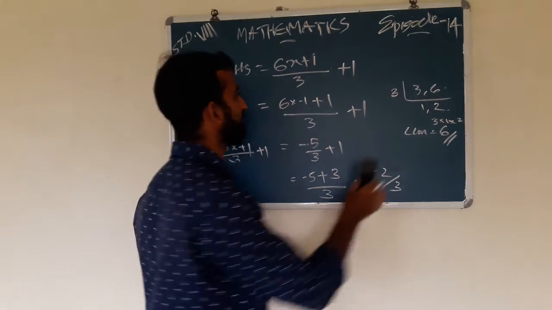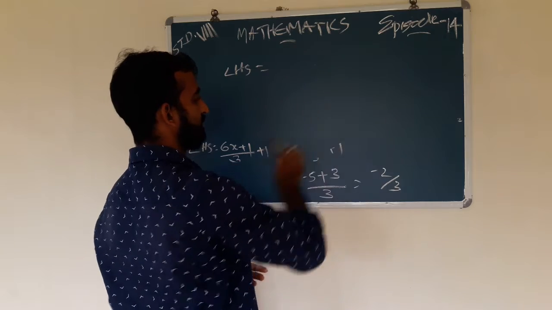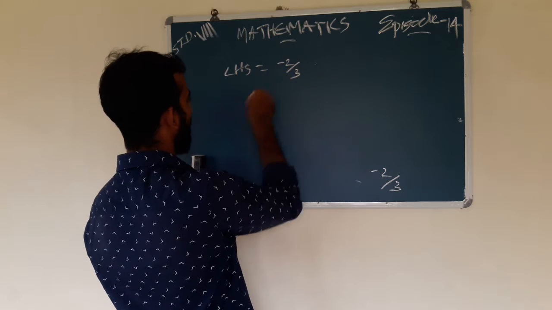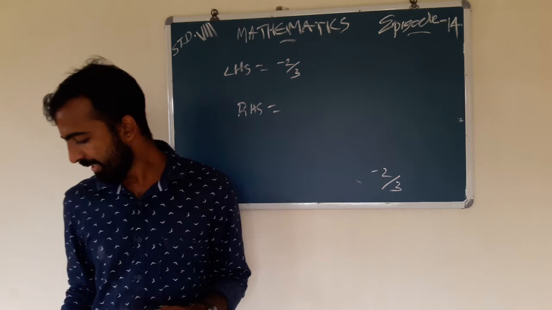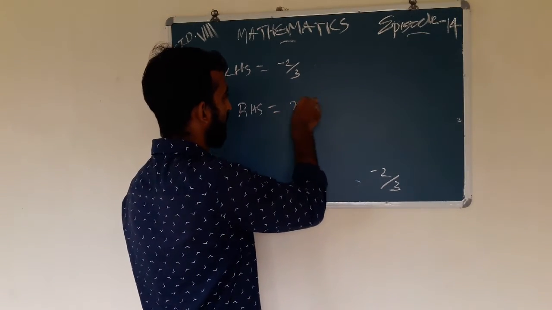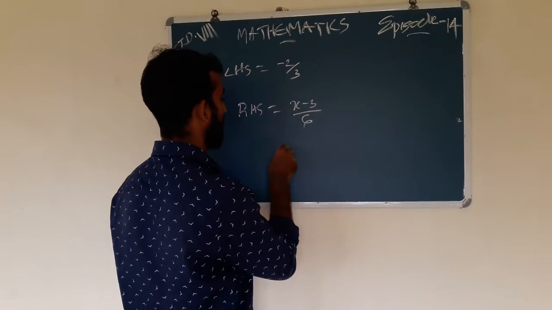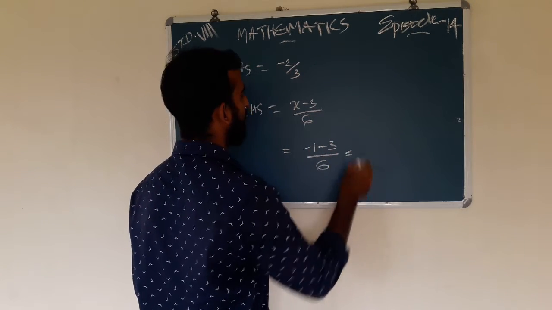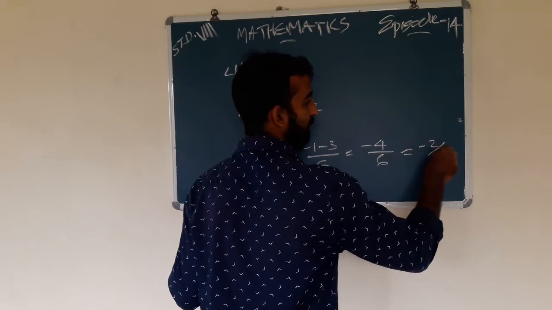What is our RHS? RHS equal to (x minus 3) by 6. x is negative 1, so that is negative 4 by 6, which we can simplify to negative 2 by 3.